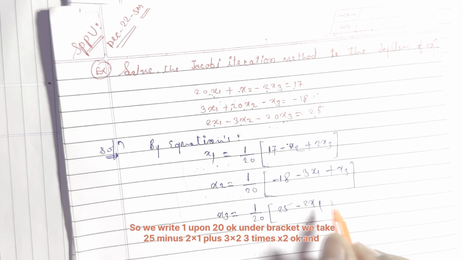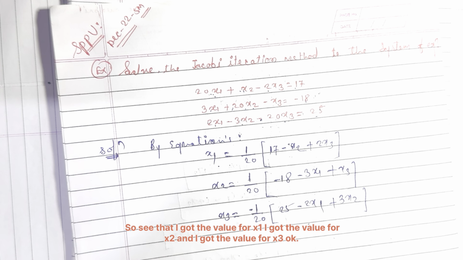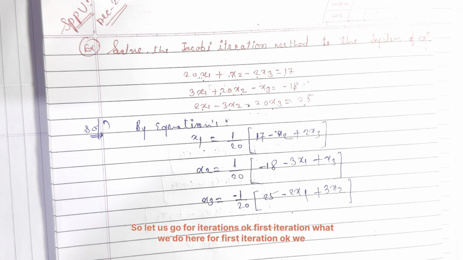After that, we have minus 20x3, so taking it to the other side, we get the minus 1 upon 20. So I got the value for x1, x2, and x3. This is our first task. Now let's go for iterations.